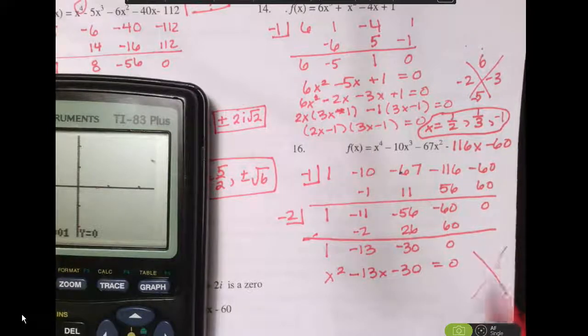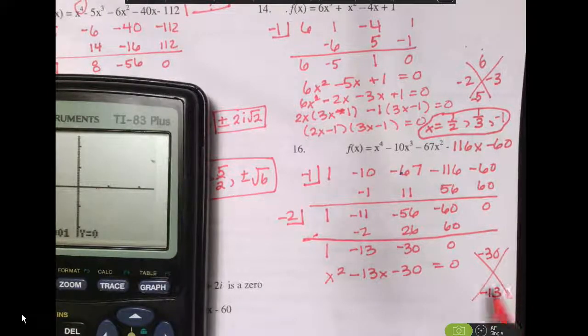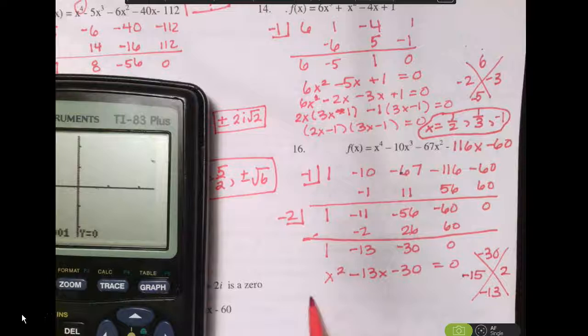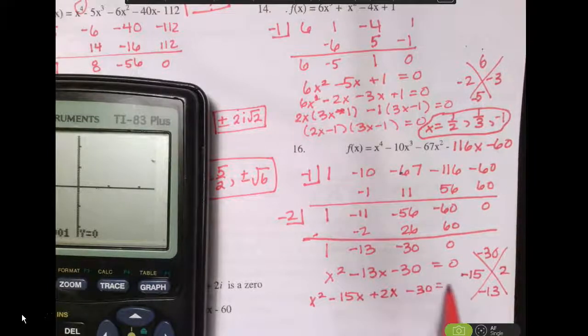And I'm going to see two numbers that multiply to be -30 that add to be -13. So 30 is 15 times 2. So there's a difference of 13 there. So I'm going to want my negative to be on the 15. So x squared minus 15x plus 2x minus 30.